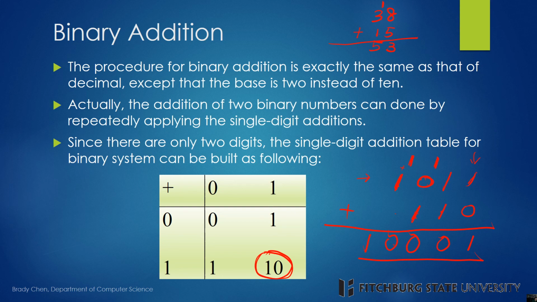Now, when you add in any position, if you carry over a number, that number will be carried over to the next position. And don't forget, when you perform the addition in the next position, you have to add that number carried over from the previous position. Don't forget this.